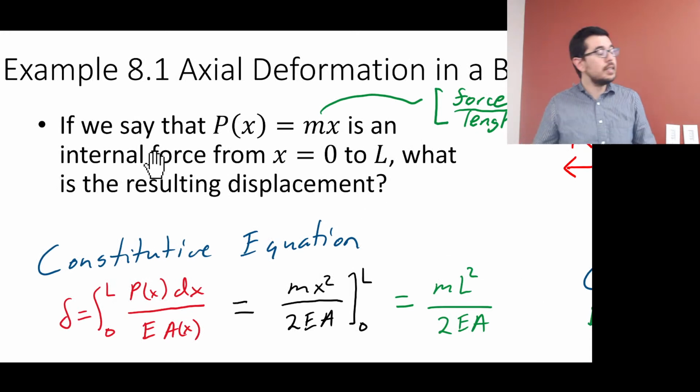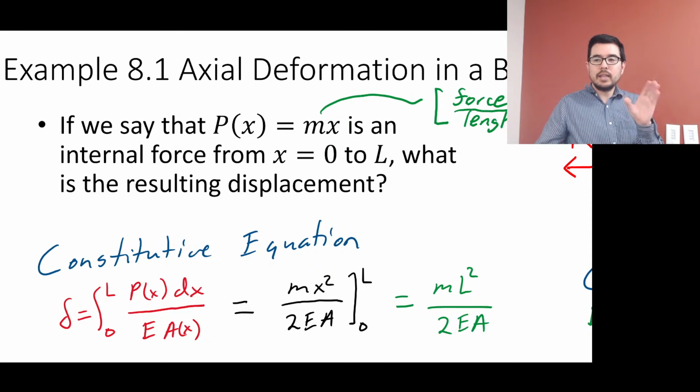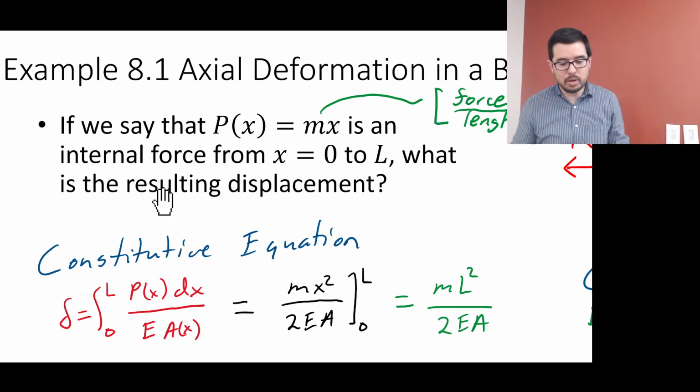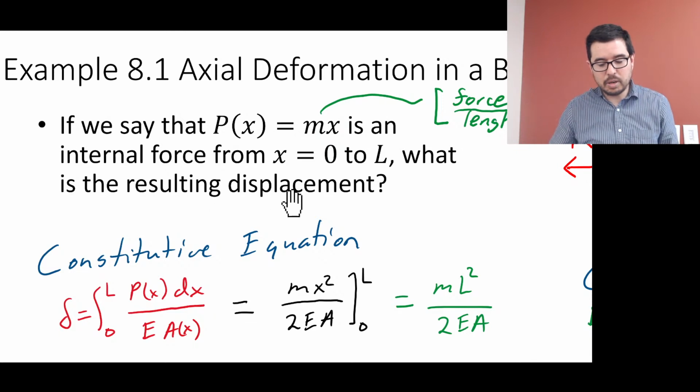Let's say, and this is the example we had last time, but I just said there's a P, and I wasn't very clear on whether that P was a load or was the internal force. So we're going to look at it both ways. If it were the external force acting on the system, or an internal force along the axial member of the bar. Along the bar.